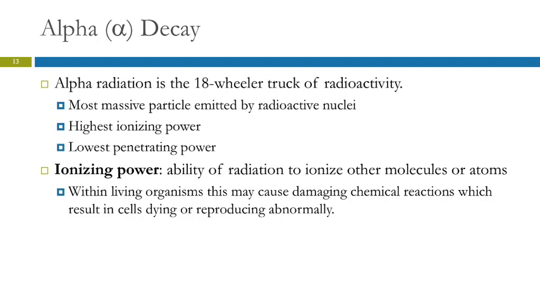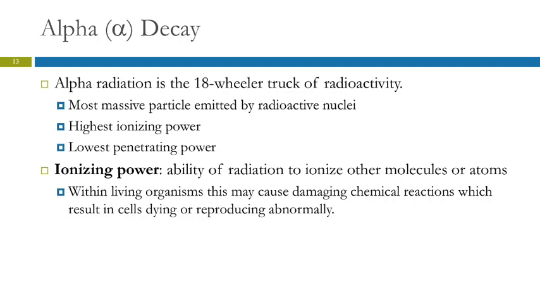Penetrating power is when that particle can get through other objects, how far it can penetrate through something else. If it's bigger, it should be lowest? Yes. The big truck is like a vehicle trying to get through stop-and-go traffic. When there's lots and lots of traffic around, that 18-wheeler can't do very much.